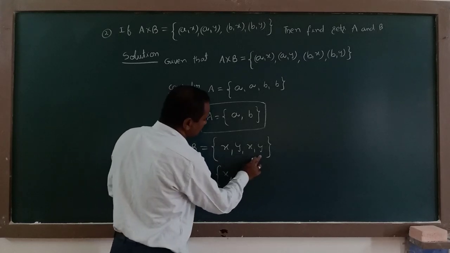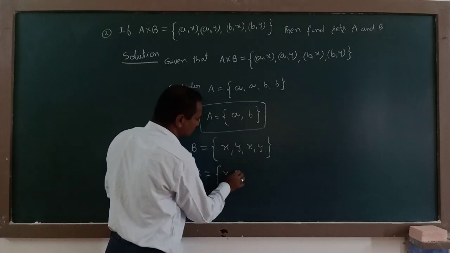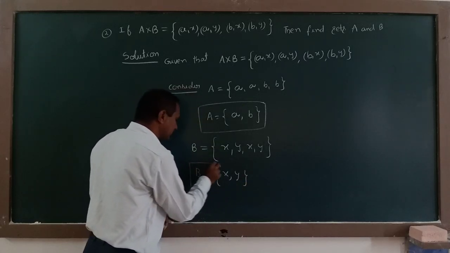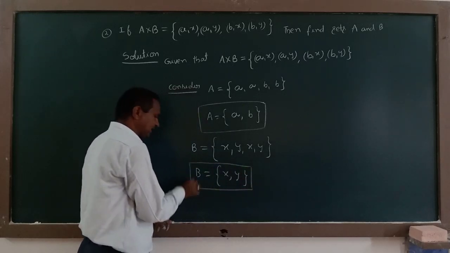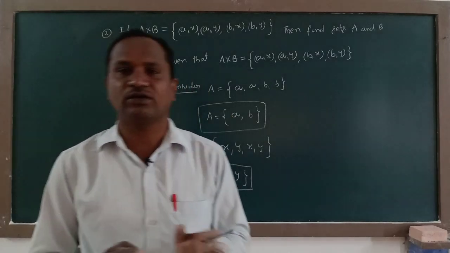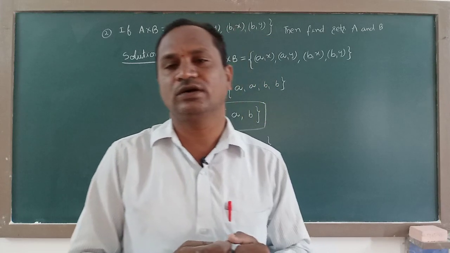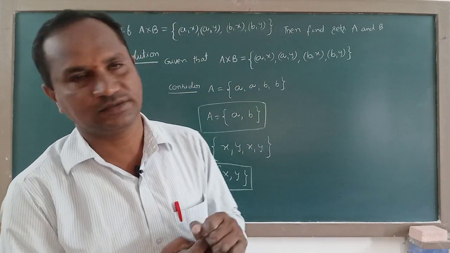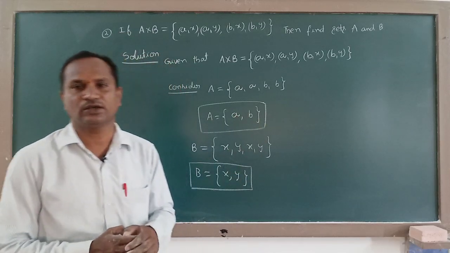Y has come two times, that's why we should write it only one time. Therefore, the elements of set capital B are X comma Y. Like that we find individually the elements of capital set A and capital set B. This is the solution for this question.